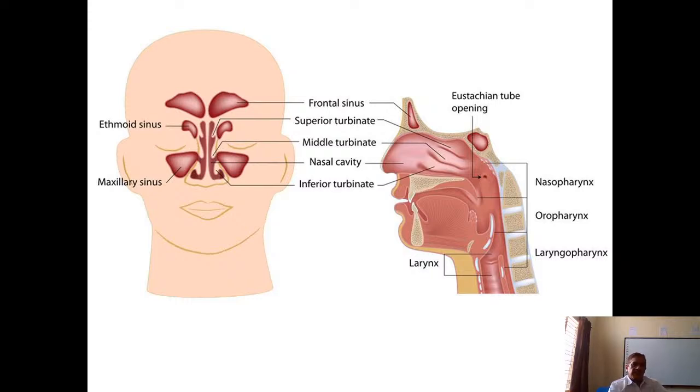From the anterior nares, the air passes through the nasal cavity, goes into the nasopharynx, then the oropharynx, the laryngopharynx, and then through the larynx into the trachea.